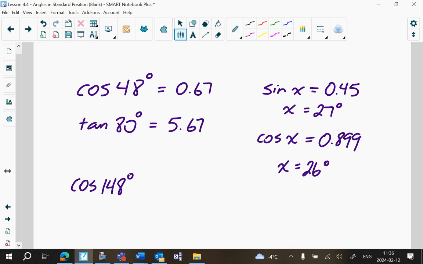What do you get? You can still use a calculator. Negative 0.8. Interesting. Negative 0.5? 0.85? Okay, yeah, 2.85. That's good.